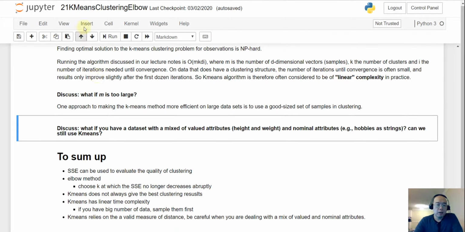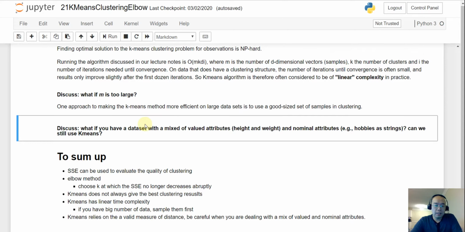Remember, k-means does not give us the optimal clustering result. When you run k-means several times with different random seeds, you will get different results, and this is not a big surprise. However, the good thing about k-means is that it runs very fast, and usually we consider k-means a linear time clustering algorithm.